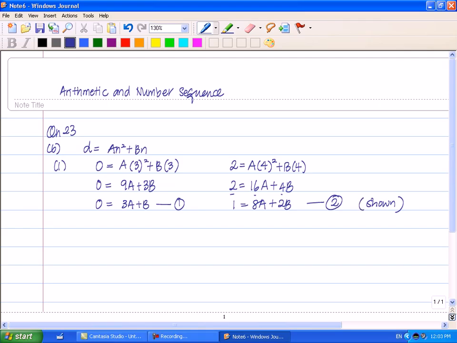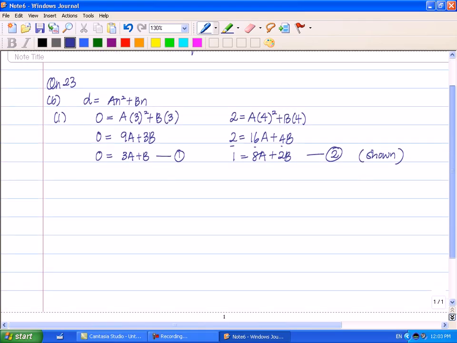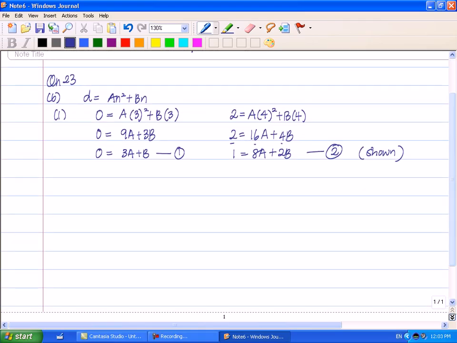Now, after I've shown these two equations, what are they used for? How do they actually help me? Since I have two unknowns A and B and they tell me to solve the simultaneous equation, I can find A and B. So solving simultaneous equation, I assume that you will know how to do. So I shall not explain too much and just do my working.